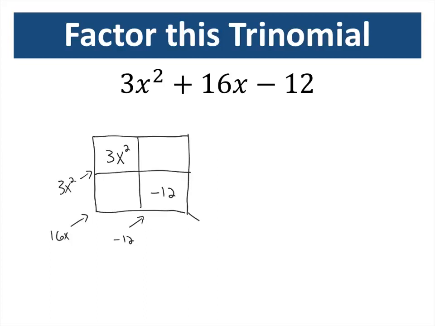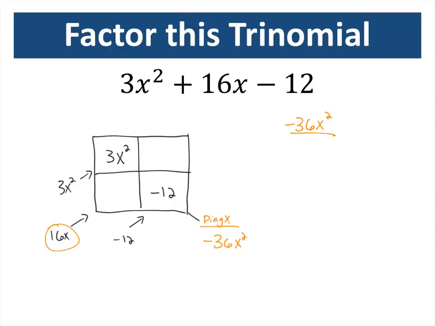And so my diagonal multiplication is going to be 3 times negative 12. So that's negative 36. So we're looking for something that multiplies to negative 36x squared, that adds up to 16x. And so one of those is going to have to be positive, and one of those is going to have to be negative.